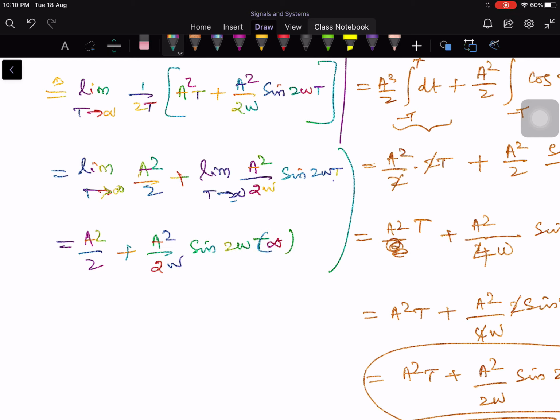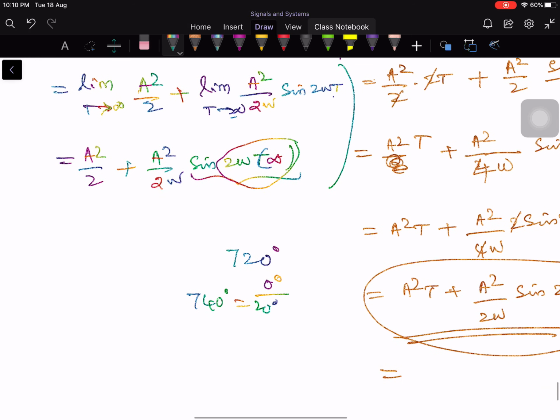Now one can ask, what is sine of infinity? After all it is an argument, and the argument can take anything; you take modulus of 360 and finally you end up with a finite value. Suppose somebody says 720 degrees, then take modulus, it becomes 0 degrees. Suppose somebody says 740 degrees, then it is equal to 20 degrees. So whatever you put in sine, that is some angle.